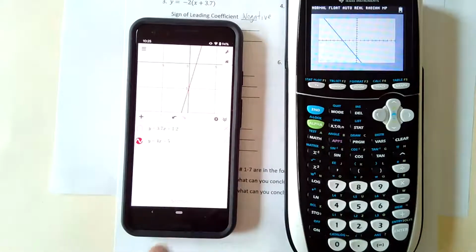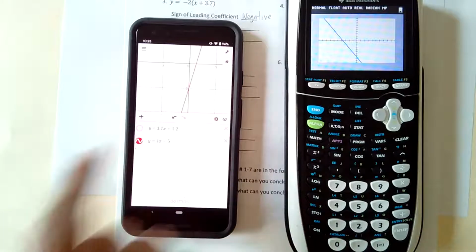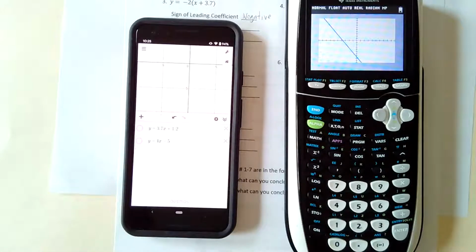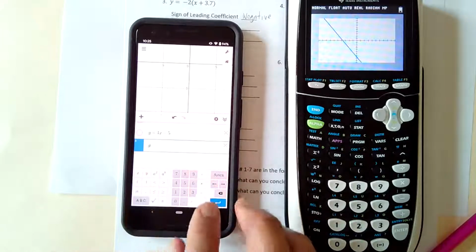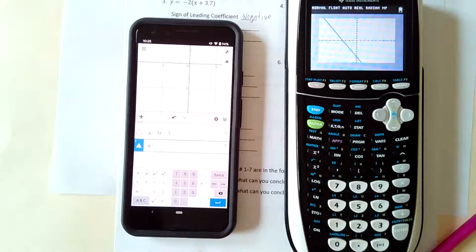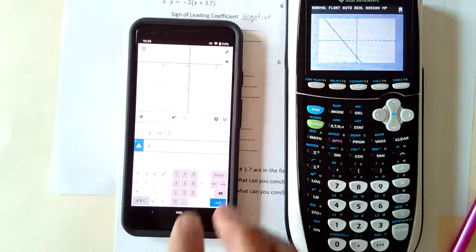Okay, so let's go to Desmos, and I can hide that one. And I can go to the next cell. Notice I'm not removing any of my equation, but you could. So it's good to practice. Equals negative. Now in Desmos, it doesn't matter if you're using the subtract sign or the negative sign, it recognizes it.